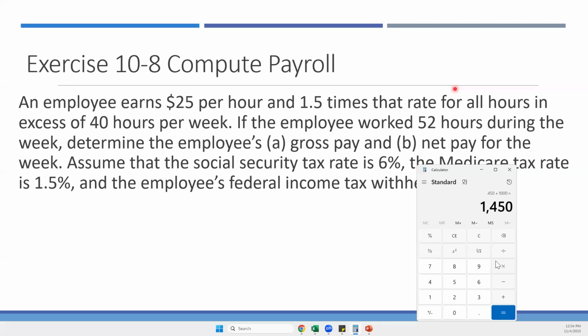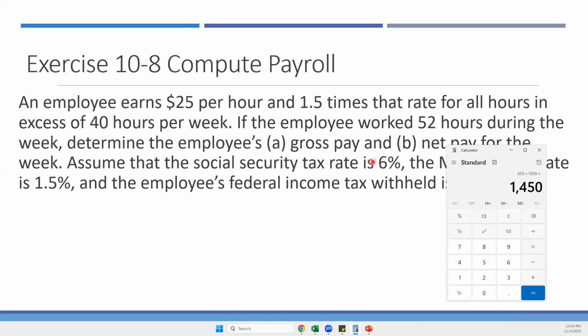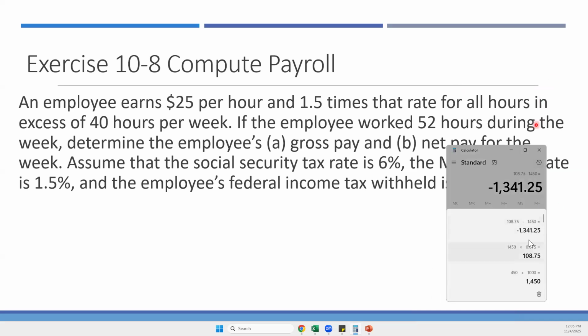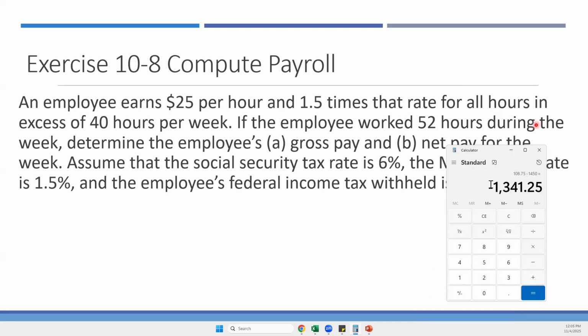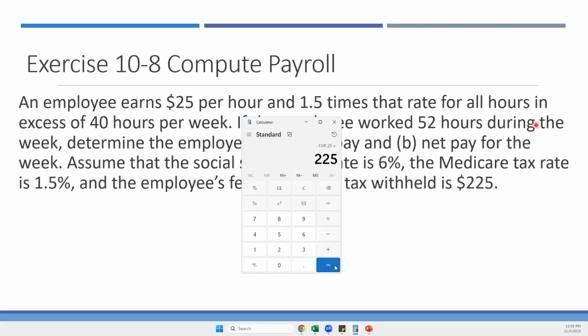Then we take out 7.5%, for 6% plus 1.5%, so 1,450 times 0.075, and then we also have to subtract $225.